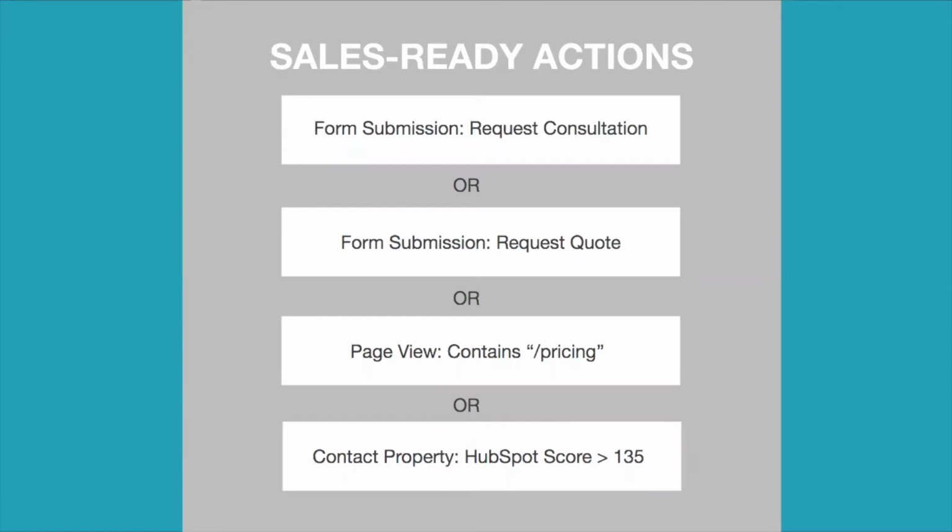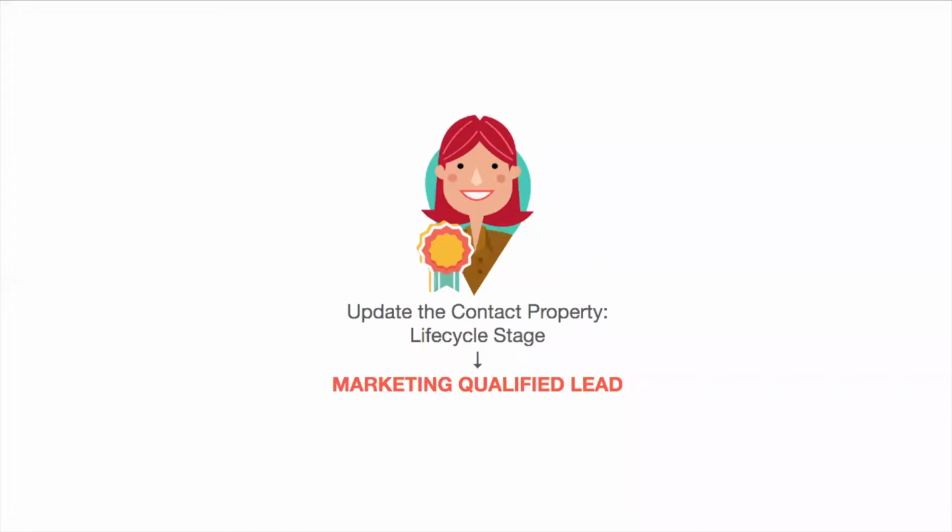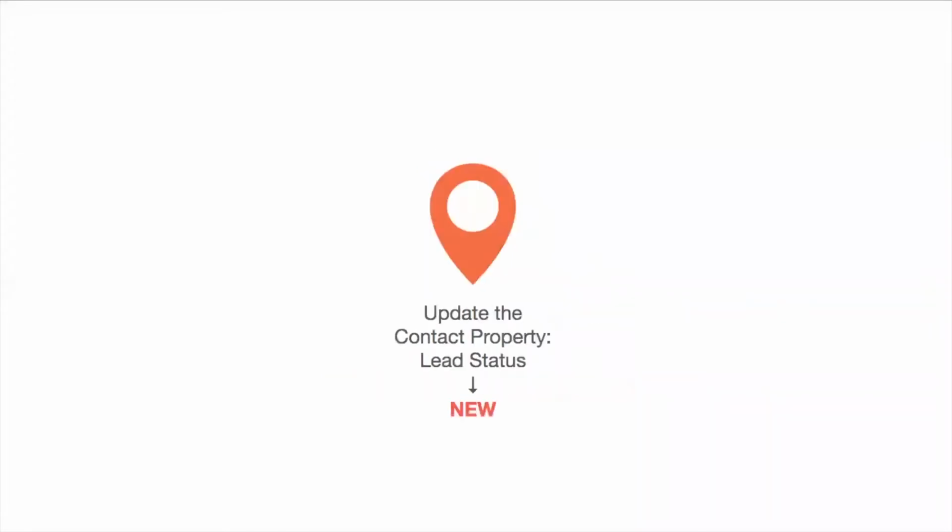Or if you're doing lead scoring, the contact property is a lead score of 135 or above, for instance. So all these we feel take a standard lead and turn them into a marketing qualified lead as a lifecycle stage, and we can update that automatically.